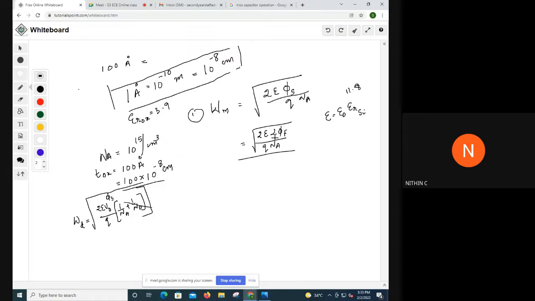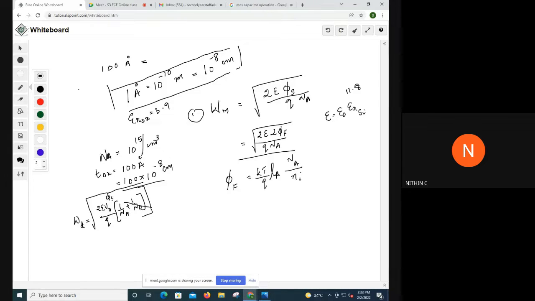In order to find this value, you need 2 phi f. You already know the expression for phi f. You can do it, don't wait for me. Phi f is equal to Kt by Q Ln Na by Ni. You will just remember this; write expressions 2-3 times so that you always remember them.